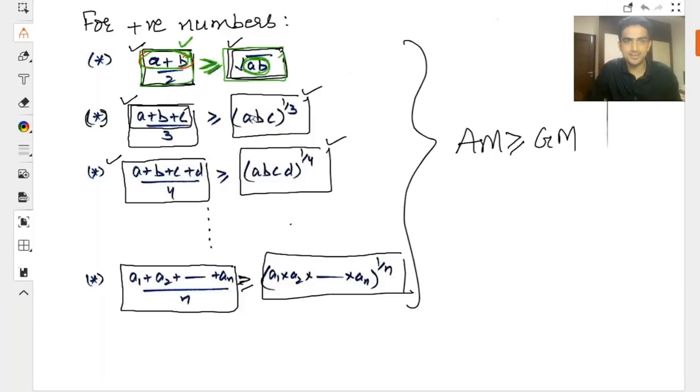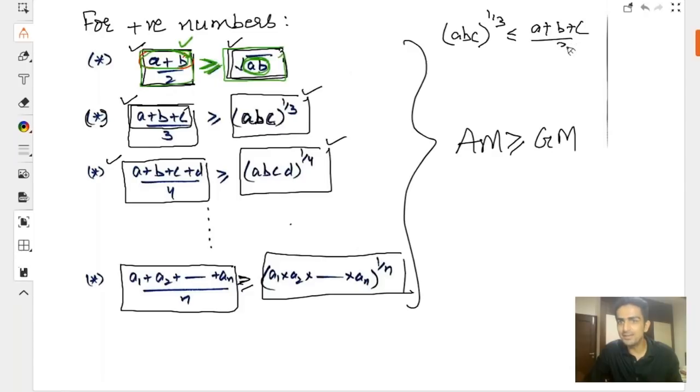And if I am asked the maximum value of A into B into C, it will be power 3 here, less than equal to A plus B plus C by 3 whole power 3. ABC power 1 by 3 less than equal to A plus B plus C by 3, right? I'm just rewriting it. From here you will get this thing.